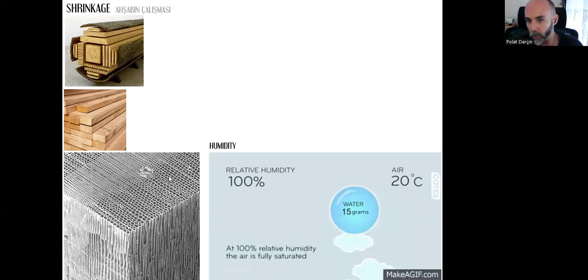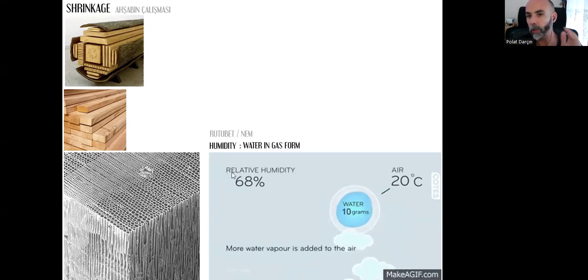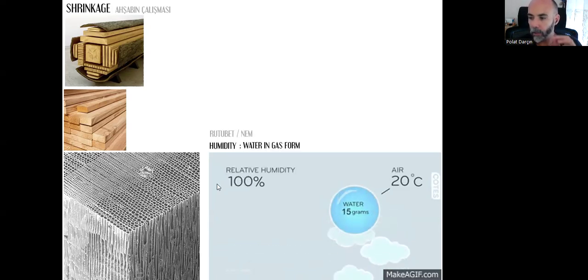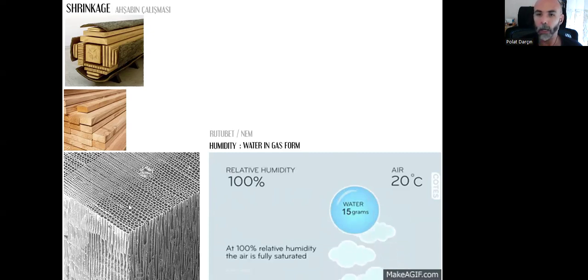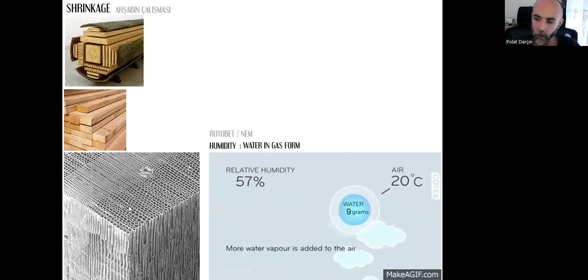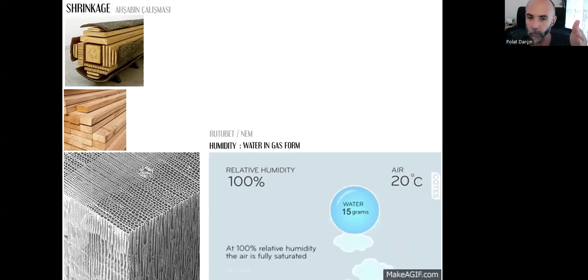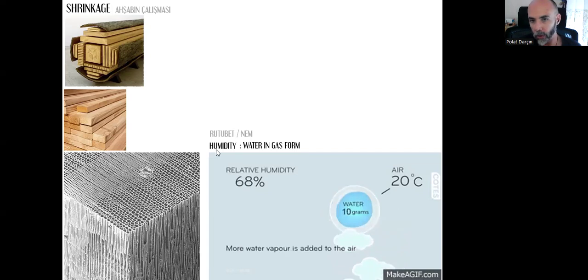When we say humidity, it's the water vapor in gas form. It's the gas form of water in the air, and these water molecules in gas form can build up inside these pipes, or they can leave. There is this constant exchange between the pipes and the air around it. And in Turkish, it's rutubet or nem.